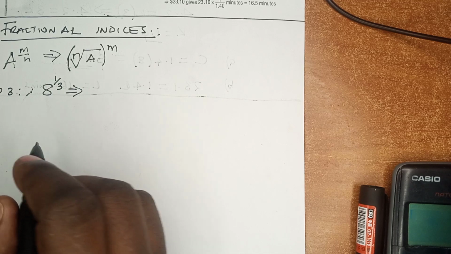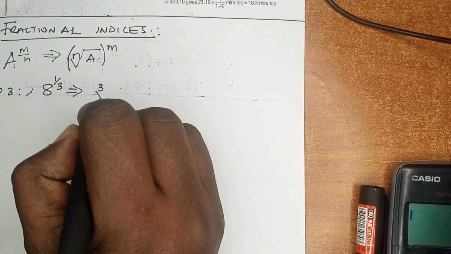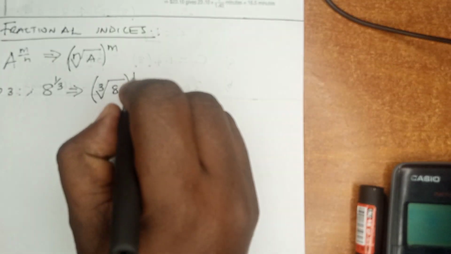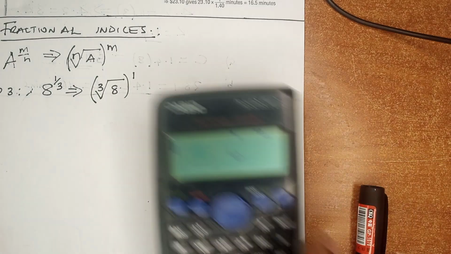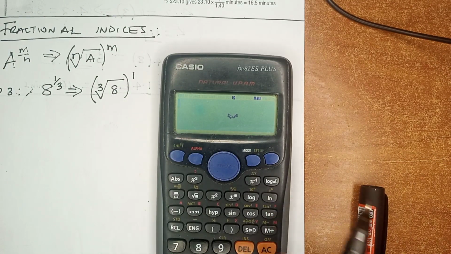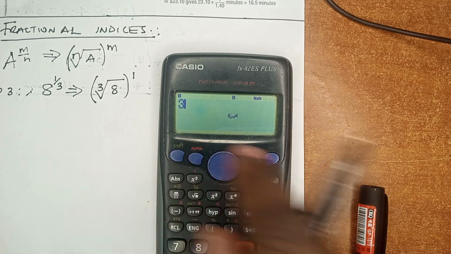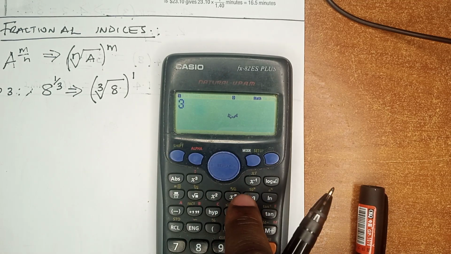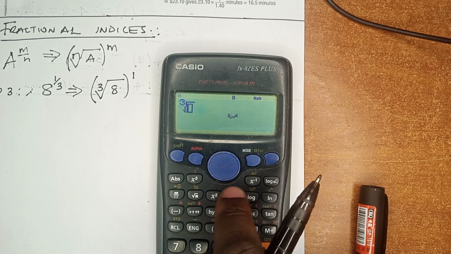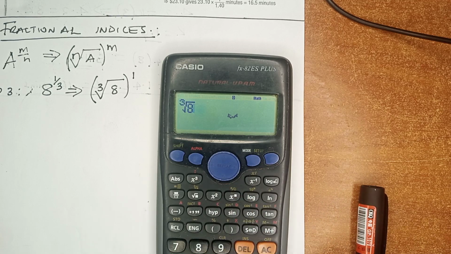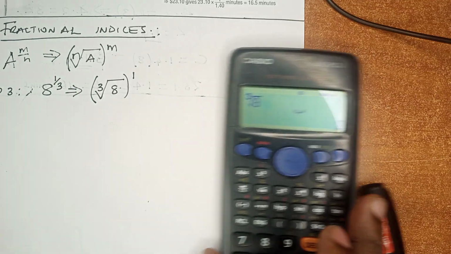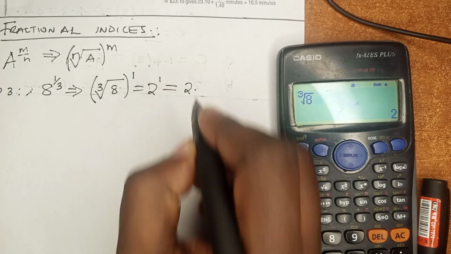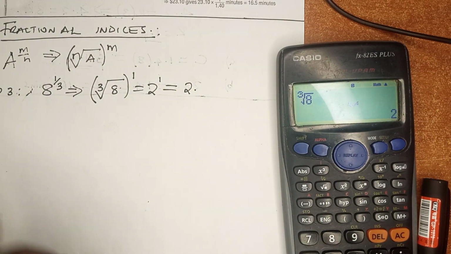According to this law, we need to get the third root of 8, after which we raise it to power 1. And how do we get the third root? In the calculator, 3, shift x raised to power, this button, and then 8 and equals 2. And we find this is a 2, 2 raised to power 1, which remains a 2. And that is as far as example 3 is concerned.